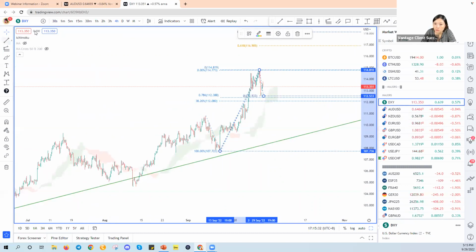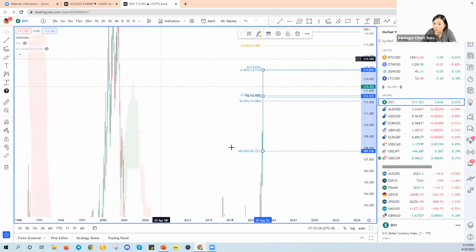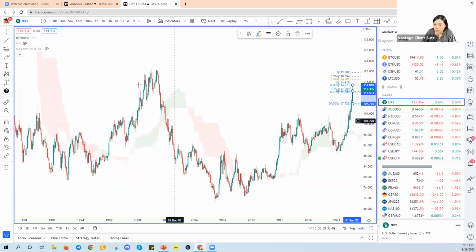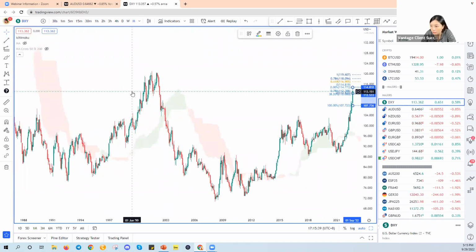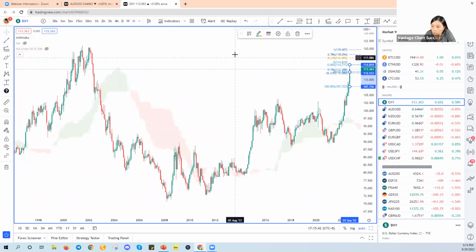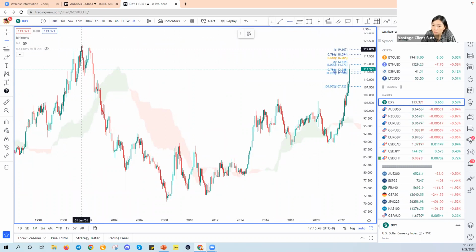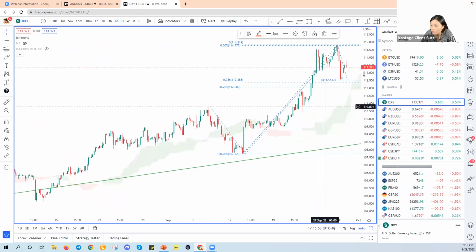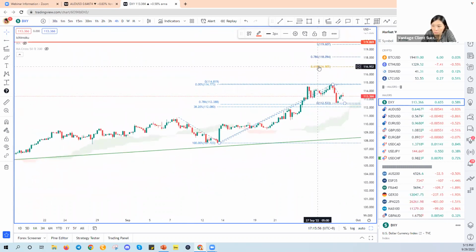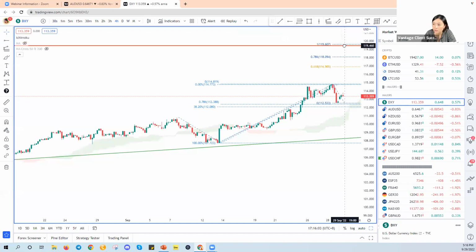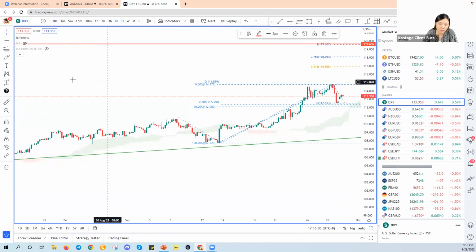Let me zoom out again on the weekly to see whether there is any correlation or key levels that we can point to, perhaps only at the 100% level, which is a bit far away at the 119, because that was the previous swing high. But that is too far a goal. You have to break your 61.8 projection and your 71.8, 78.6 projection before you actually hit your 100%, which is the previous swing high as well.